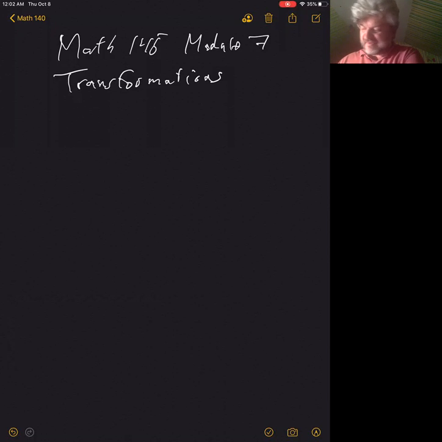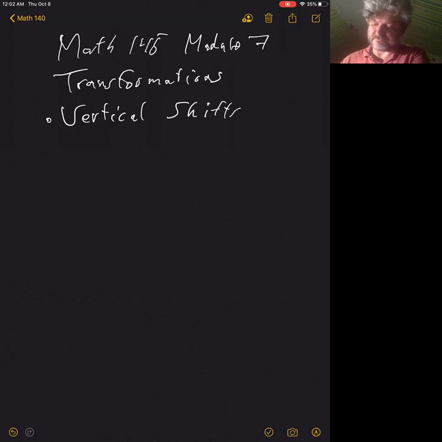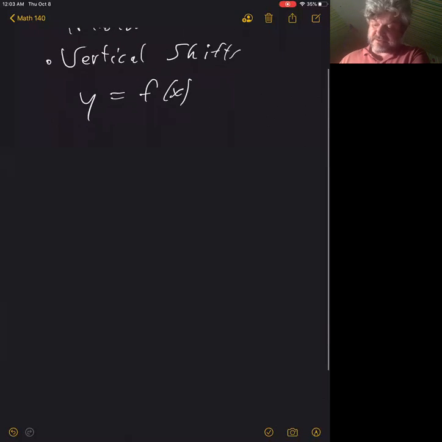So the first and easiest example is vertical shifts. You start with any function like y is f of x and subtract something from y: y minus b.